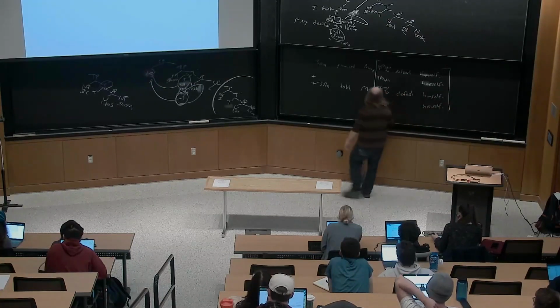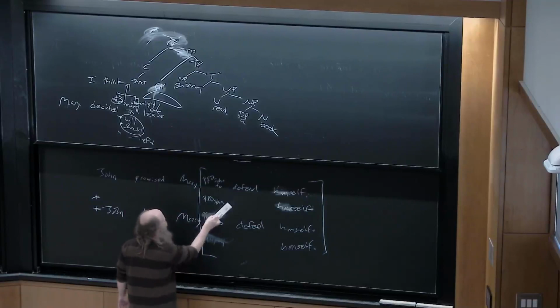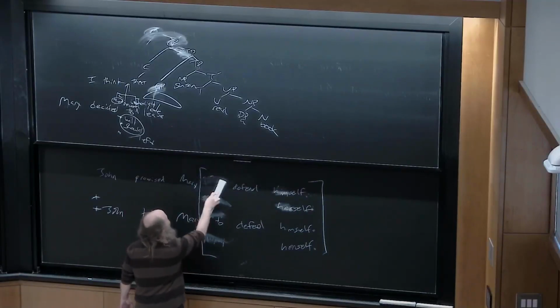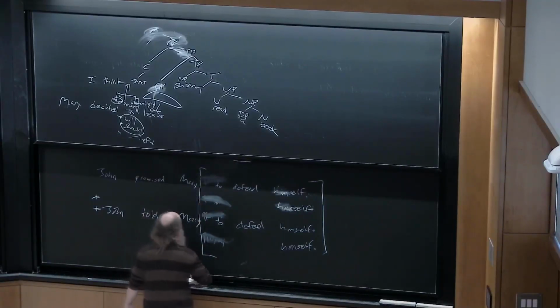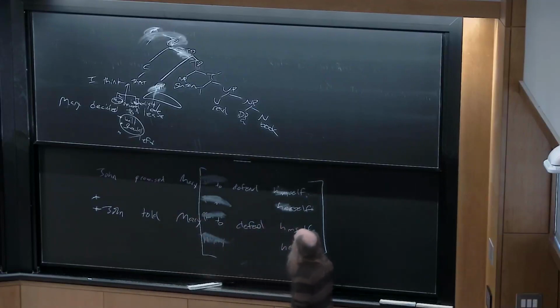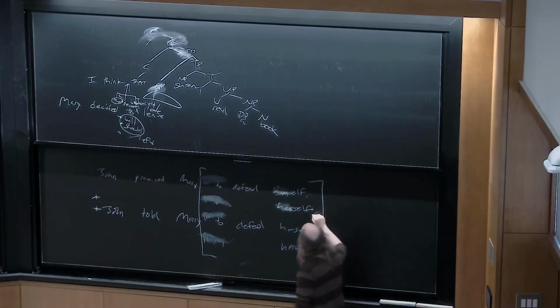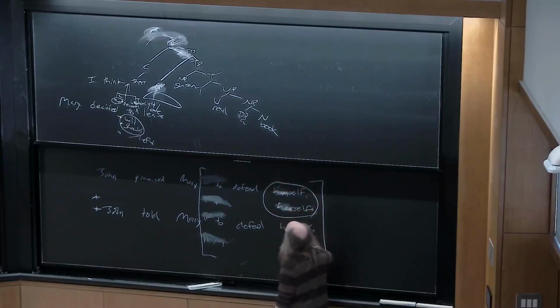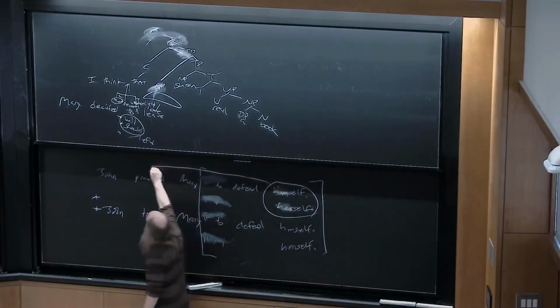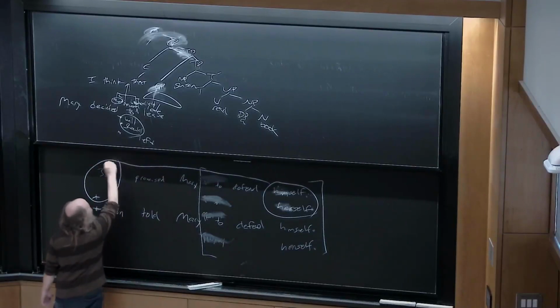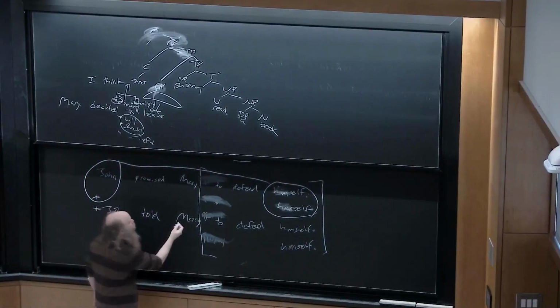What if we didn't believe in pro? Well, if we don't believe in pro, what we want is for this position to be bound, to be bindable by John, right? But not by Mary.